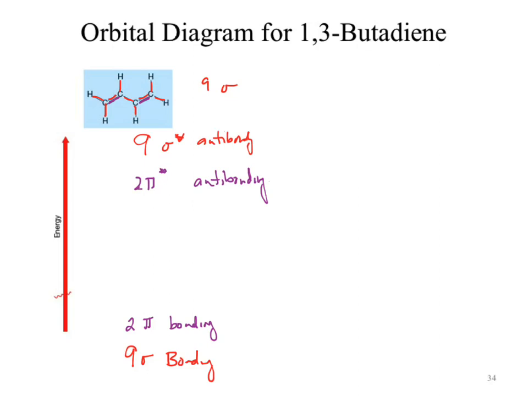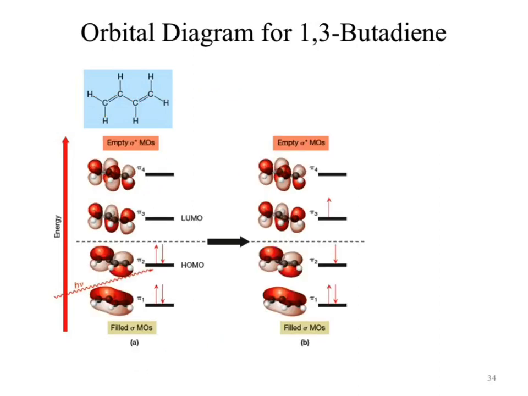The textbook shows a nice pretty picture, which I'm sure you love, but that's what it's showing. There's our 2 pi bonding. Our energy comes in, hits the highest occupied molecular orbital, and the electron jumps to the anti-bonding. That is now an absorbance that we can detect.